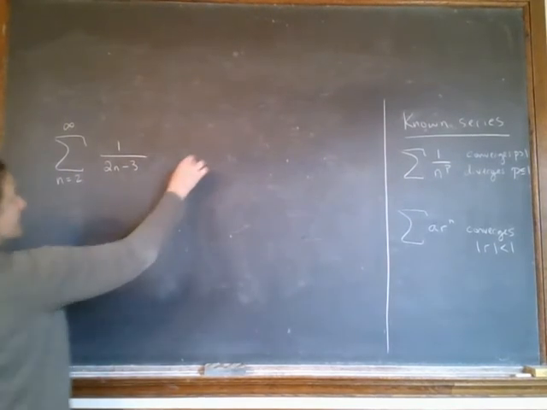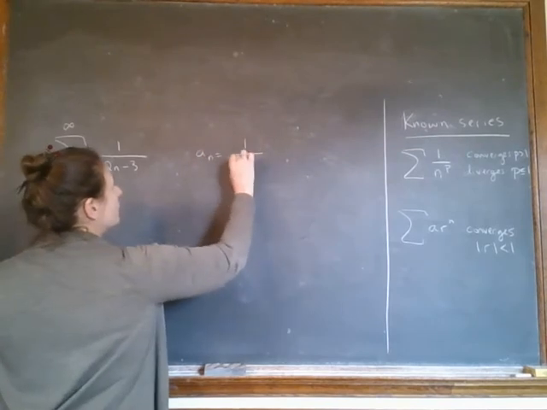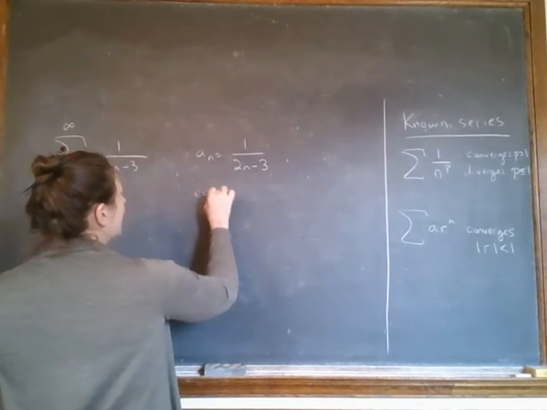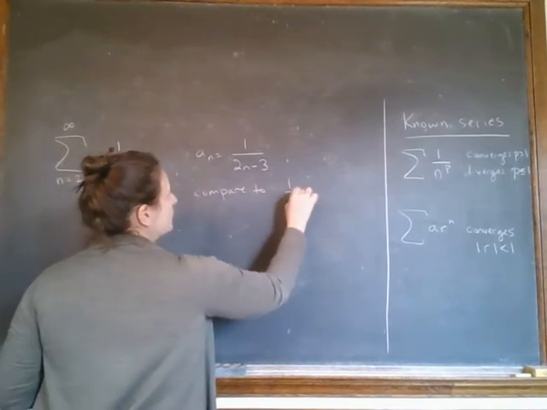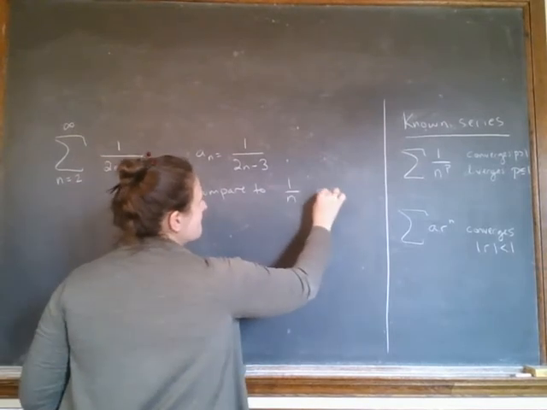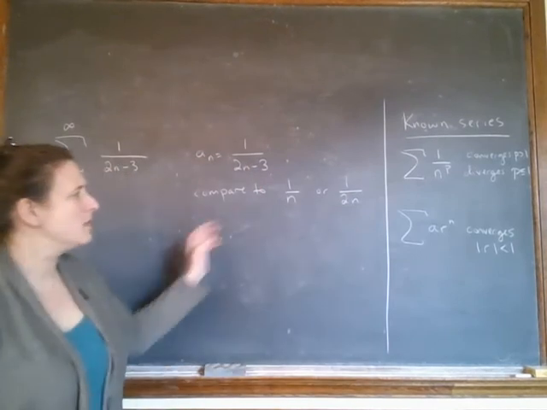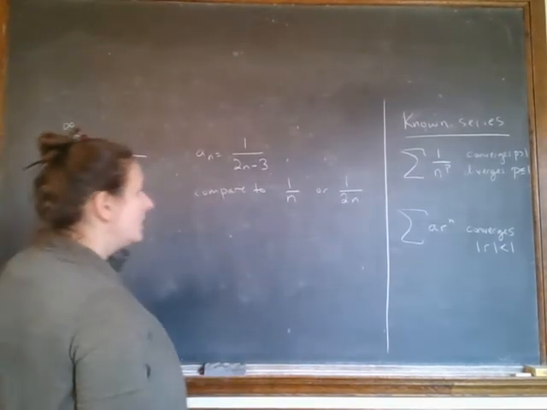Now my a_n is 1 over 2n minus 3. I want to compare, and it doesn't really matter. We can compare to 1 over n or 1 over 2n. That multiplying isn't going to make a big difference.